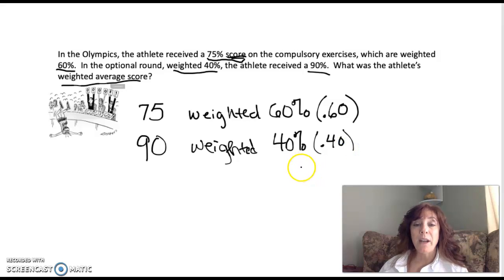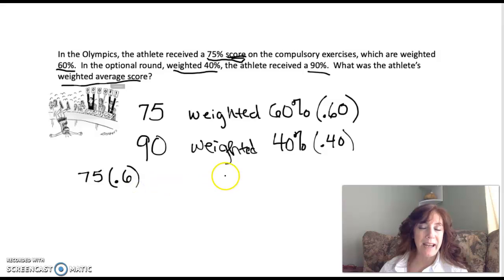Now, we're going to take an average, and if the 75 score counts 0.6 times, we can multiply 0.6 times 75. That tells us how many times 75 is kind of added into the average.